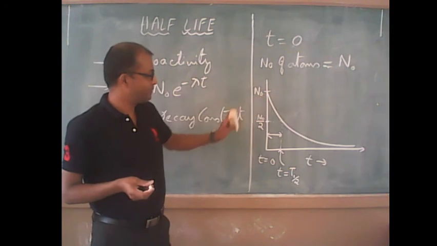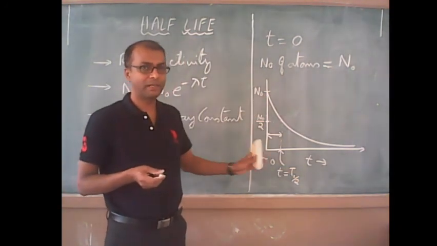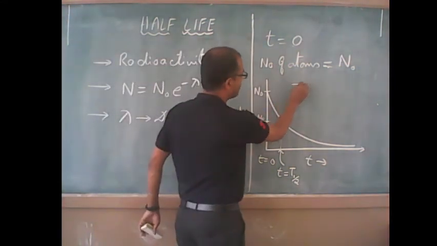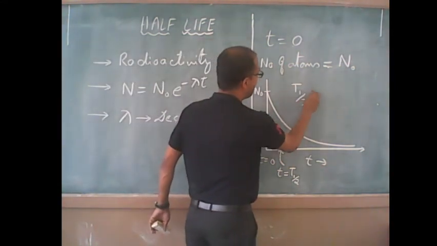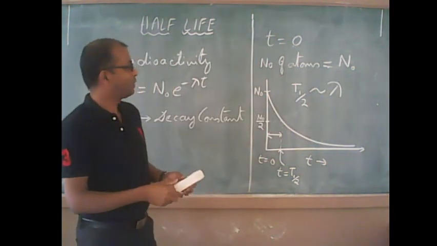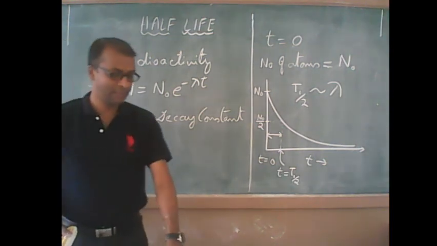This half-life is of course related to the rate at which the element disintegrates. So the half-life of a radioactive substance is dependent on the disintegration constant. Now we have to find a mathematical expression for this. So let's see how we can do that.